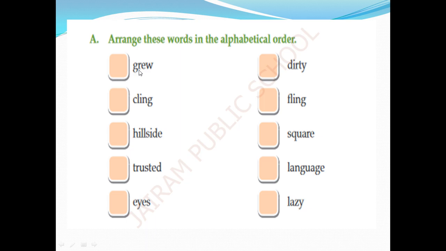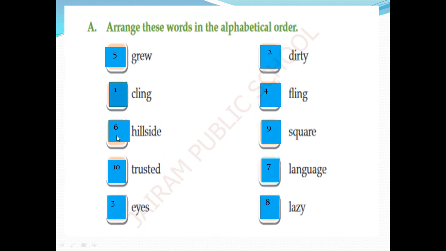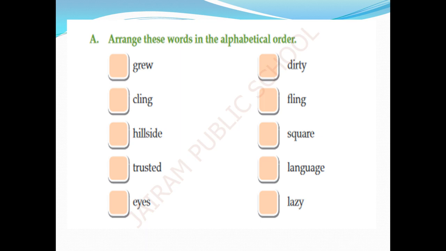We don't have one more G beginning word. So straight away we go to this word, hillside. After G, H is here. We don't have one more H beginning word here. So we go for the next alphabet.